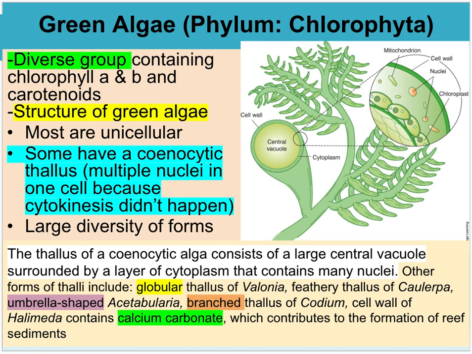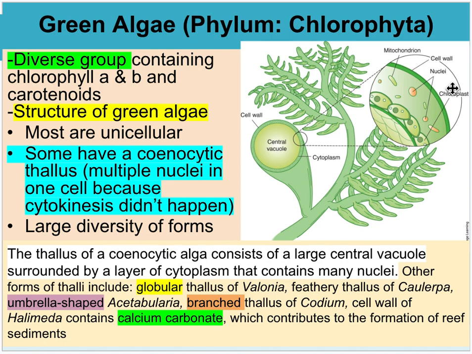So green algae are a very, very diverse group. They have chlorophyll A and B and carotenoids. Most are unicellular, but interestingly, they have multiple nuclei inside of a single space. How that happens is that inside the thallus, at times, it will have cellular division.